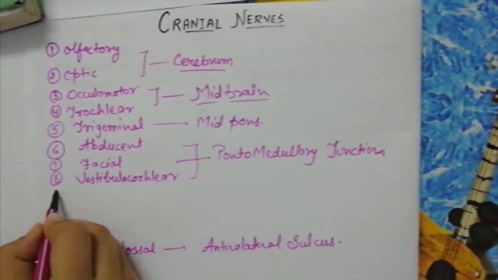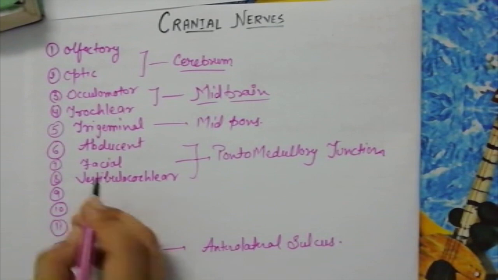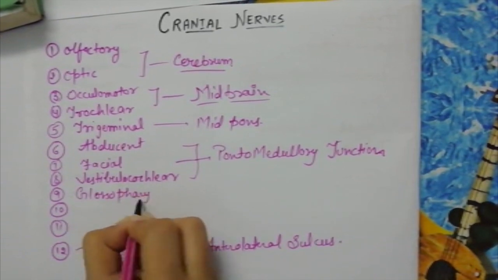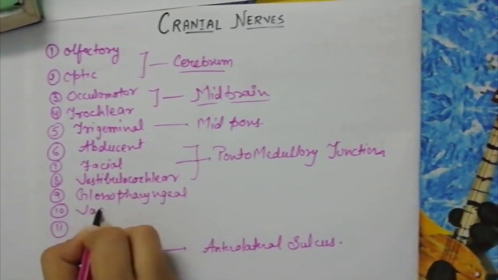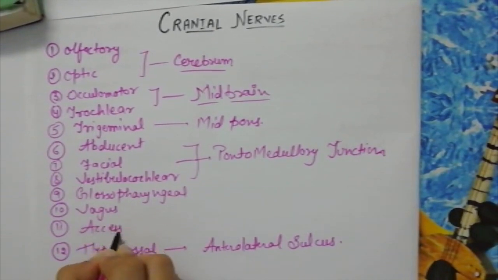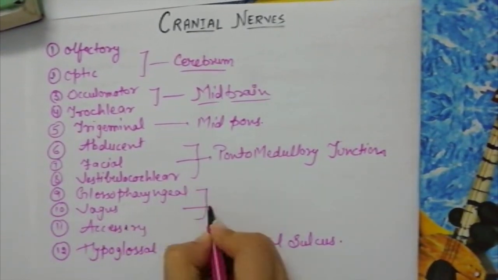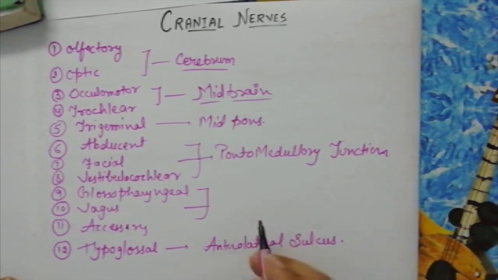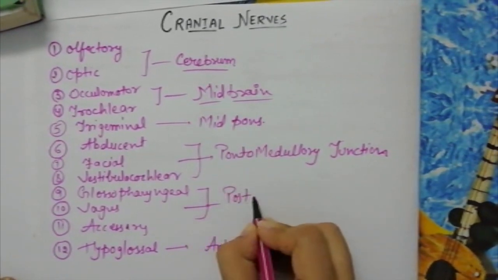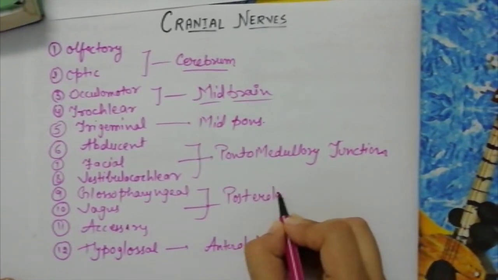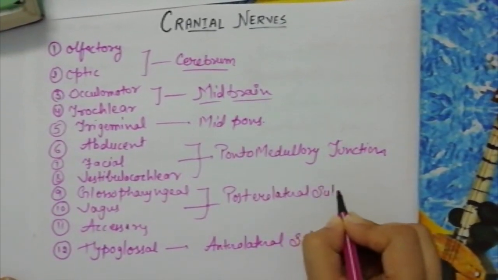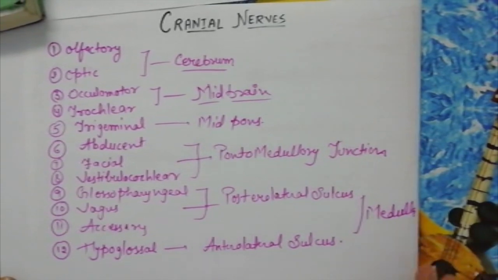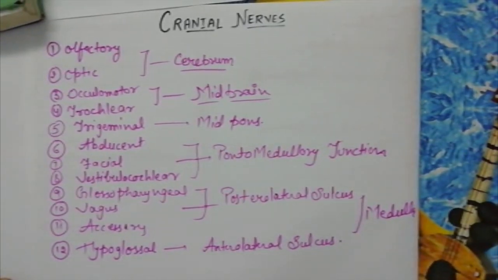And the 9th, 10th, and 11th, which are glossopharyngeal, vagus, and accessory, are also attached on the medulla, but in the posterolateral sulcus. So these are the attachments of the cranial nerves.